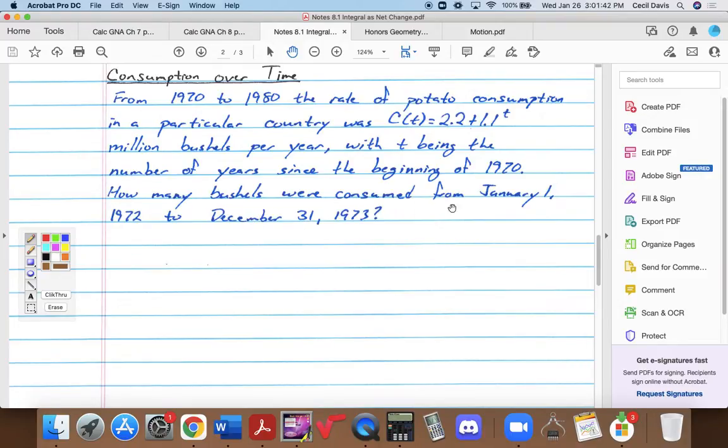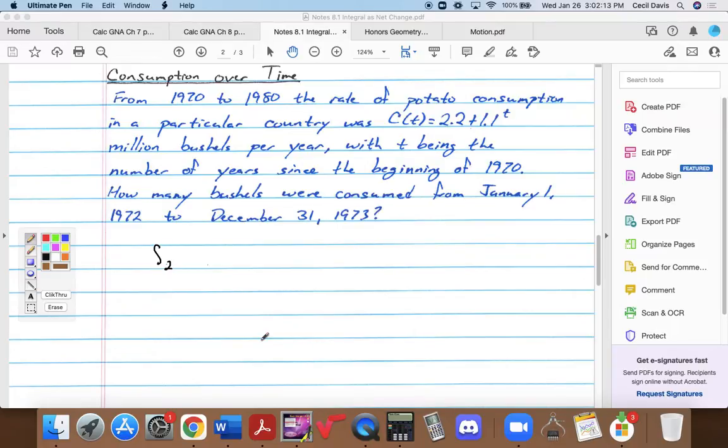How many bushels were consumed from January 1st, 1972 to December 31st, 1973? Well, that's simply going to be the integral from, since T is the number of years since the beginning of 1970, January 1st, 1972 will be 2.